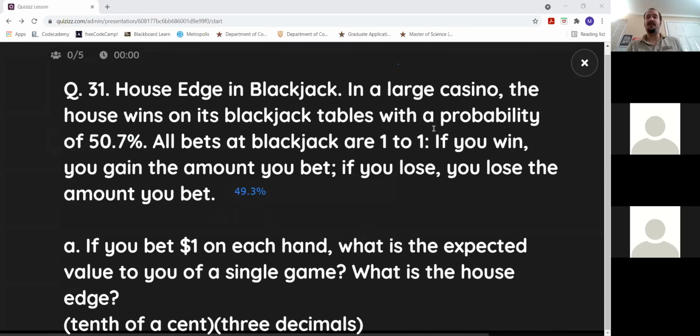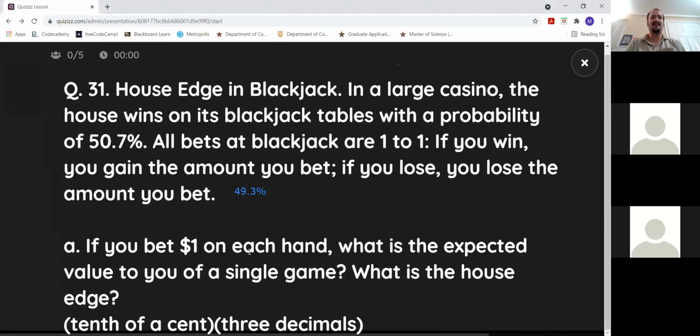All blackjacks are 1-to-1, meaning if you win, you gain the amount you bet. If you lose, you lose the amount you bet. So if we bet $1, we win $1. If we lose, we don't get our $1 back. We end up losing the $1. You pay for the game, you don't get your money back.